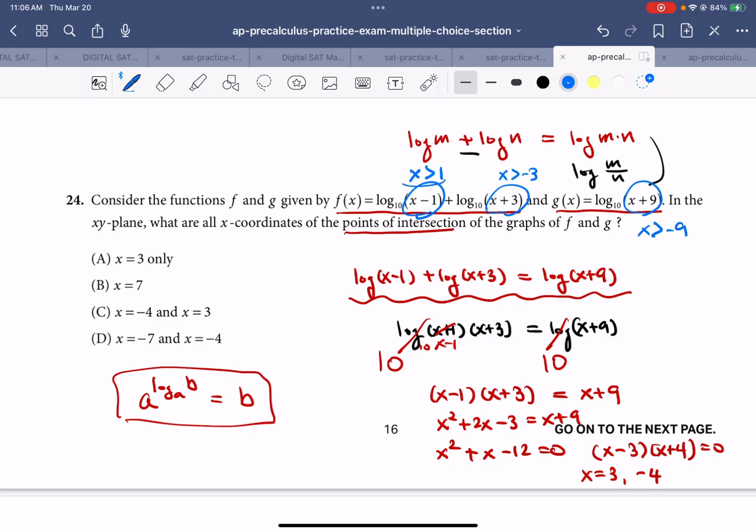So you have to choose x greater than 1. Then negative 4 is out, so only x equals 3. So A is your final answer. Make sure you check the domain.